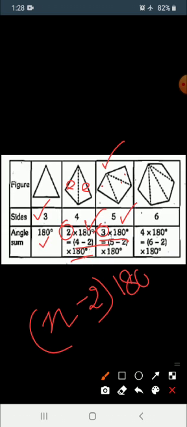Just like here, the 2 is the number of triangles into 180 degrees. 3 can be written here as 5 minus 2. So here you can observe every time we are writing the number of sides. If you take the number of sides as n, then (n minus 2) into 180 degrees gives us the angle sum of any figure.